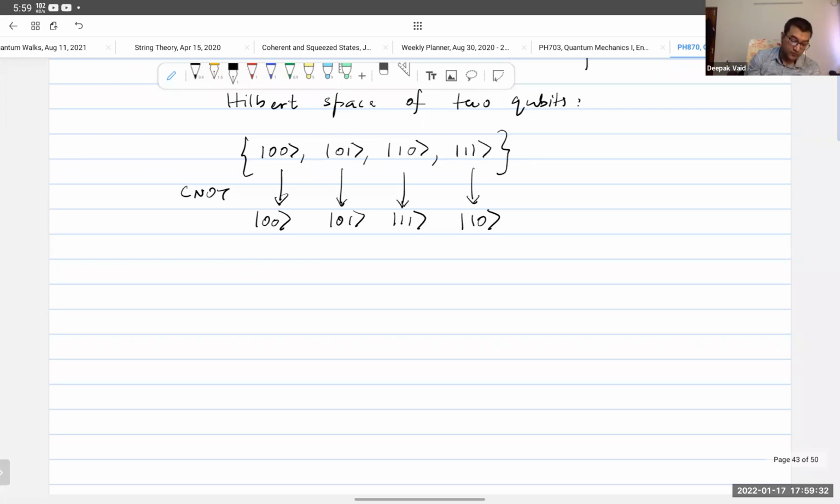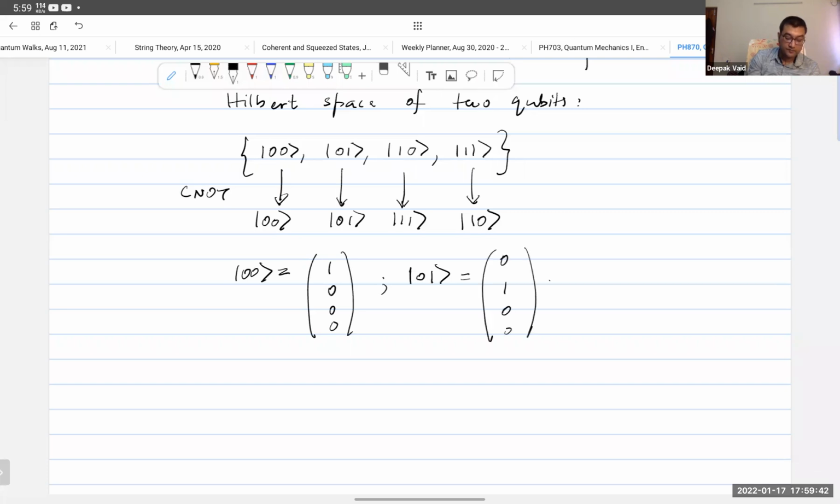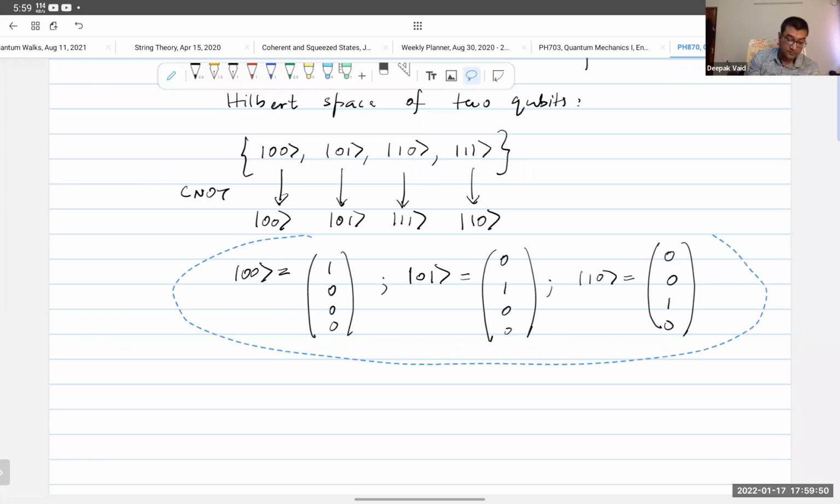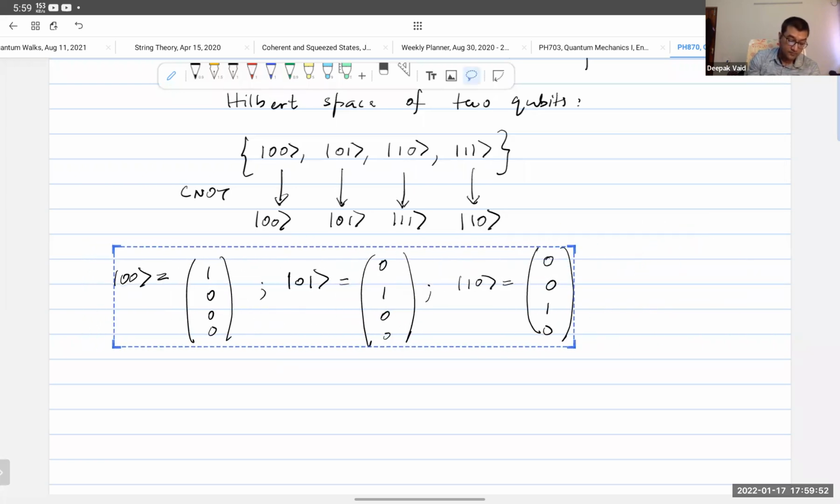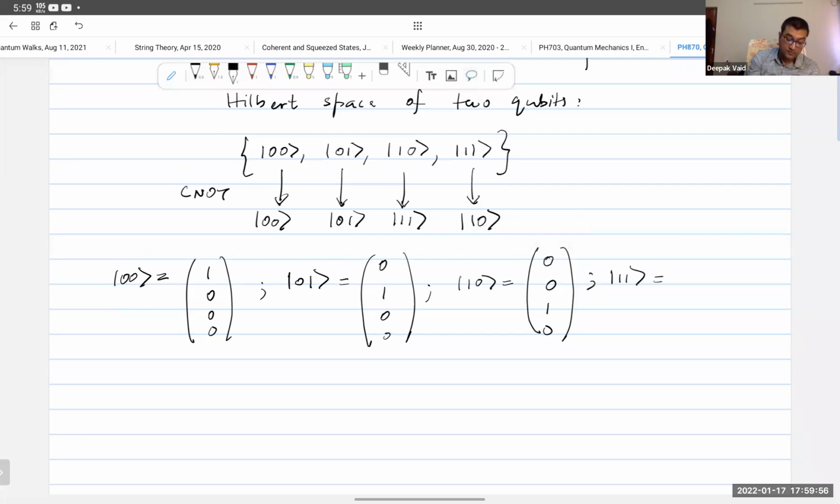If I write this in terms of coefficients, in terms of vector components, these are the vector components.